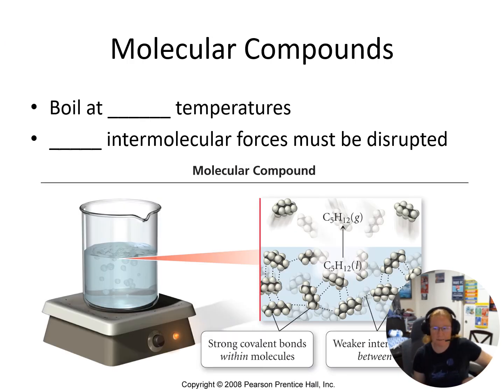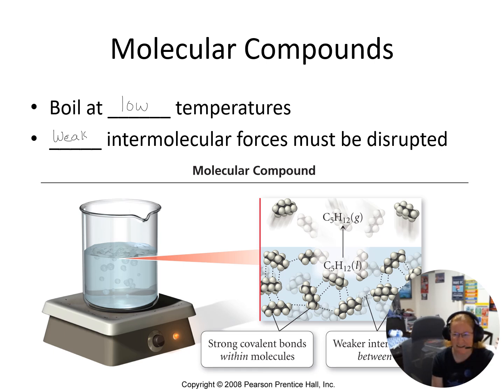When I look at those molecular compounds, what's going on here? Well, they are going to boil at low temperatures and they're going to have weak intermolecular forces that can be disrupted. Now, some intermolecular forces are stronger than others. Do you remember from your prep classes what the major intermolecular forces are?